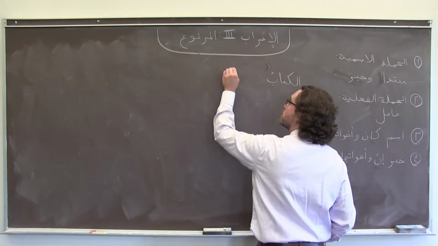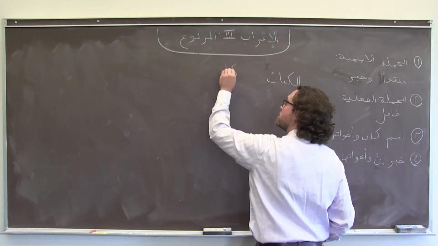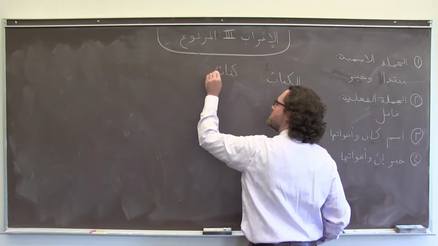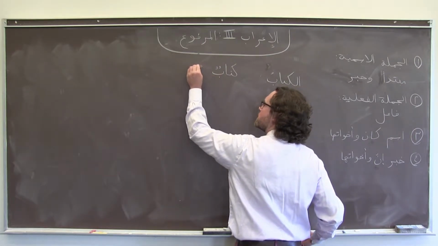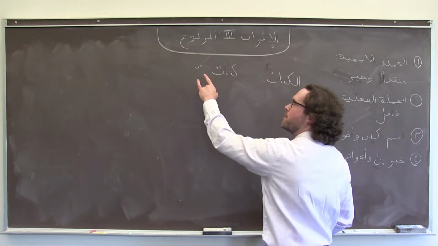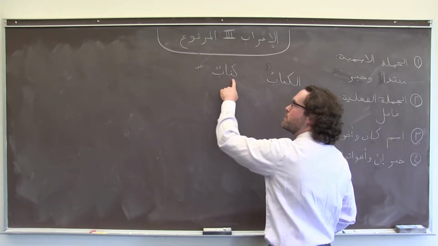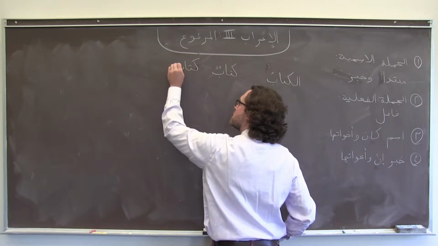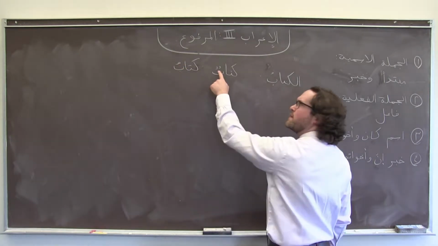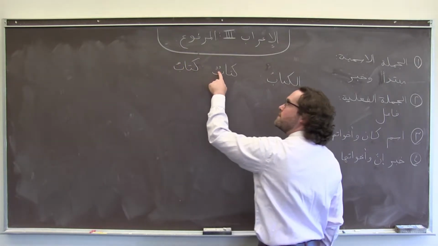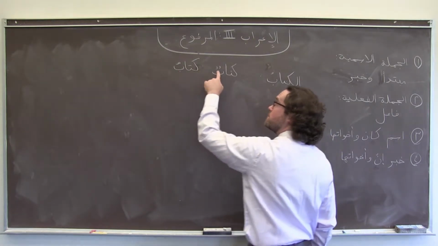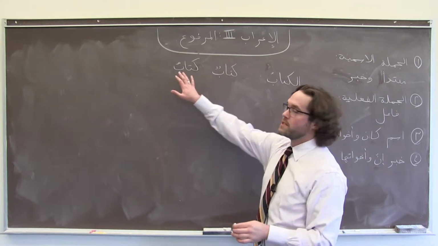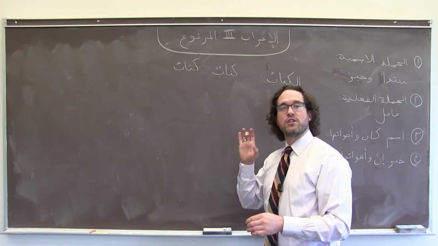Or if I were referring to an indefinite book, it would take two dhammas, which sometimes people write as kind of one amalgamated squiggle. Kitabun. Sometimes computer fonts will only give you one or the other of these visual options, but there's absolutely no difference between them. They both represent tanween, that addition of a noon sound.